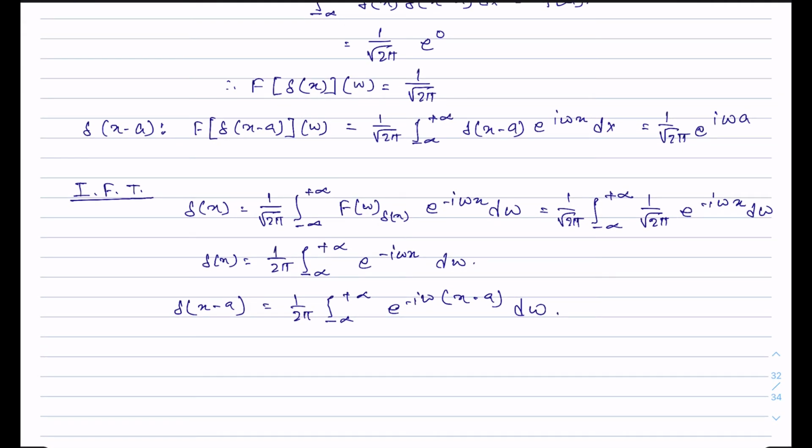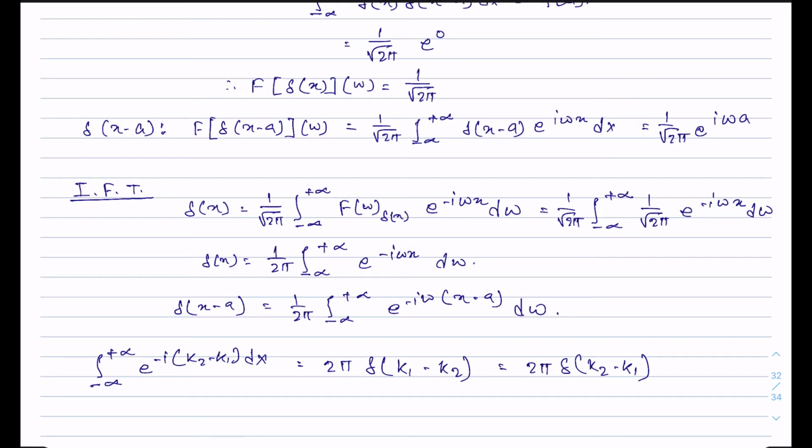So in general, the integral from minus infinity to plus infinity of e to the power minus i (k2 minus k1) x dx, you can write as 2 pi delta(k1 minus k2), or 2 pi delta(k2 minus k1), because we know that delta(minus x) is equal to delta(x).